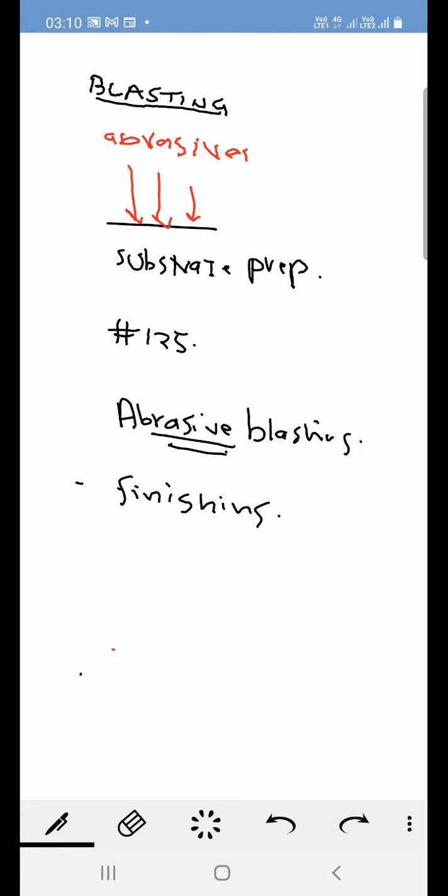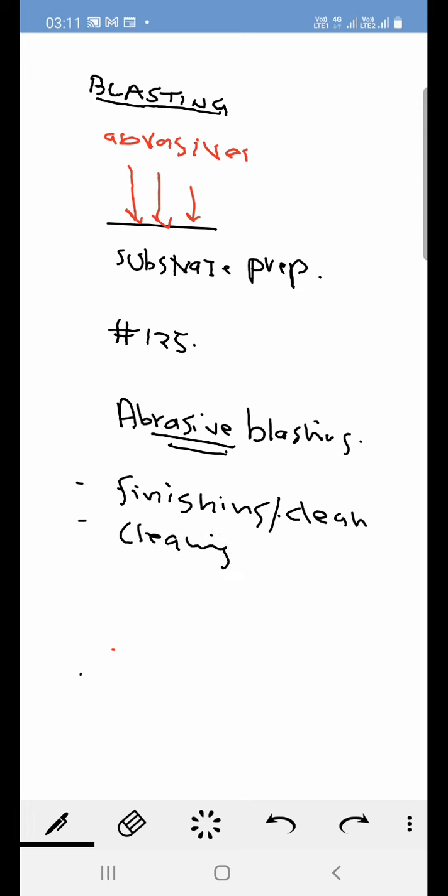The substrate finishing, or we should also say cleaning or substrate preparation, whatever you may call it, depends on the type of application you are using. And the surface is cleaned by removal of unwanted rust and scale paint.